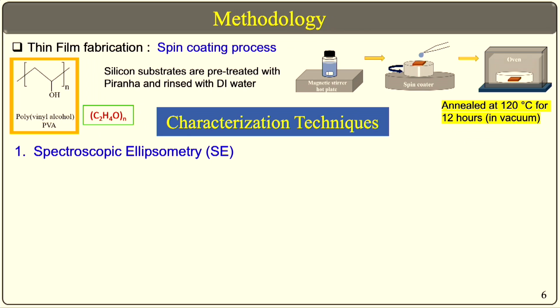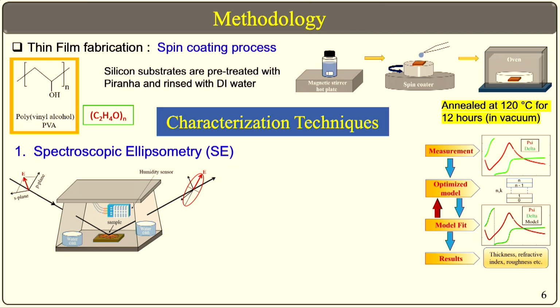The characterization technique which we commonly use for polymer thin films or such nano films is spectroscopic ellipsometry. For the moment we can forget the chamber. Just imagine a linearly polarized light incident on a sample, and the change in polarization state is what is recorded by this instrument, and we can get the ellipsometric parameters psi and delta, and then fit them with an optimized model.